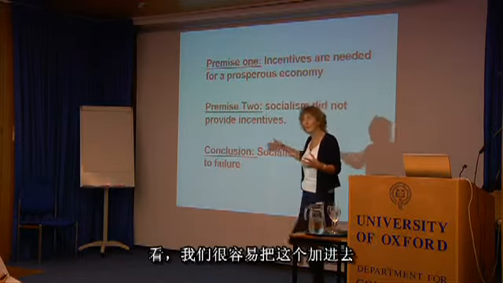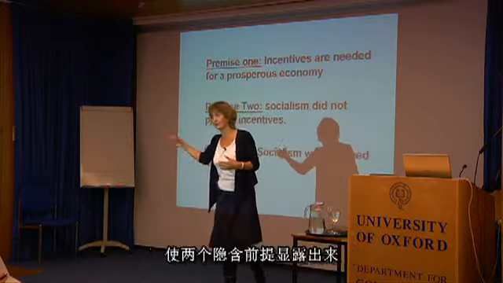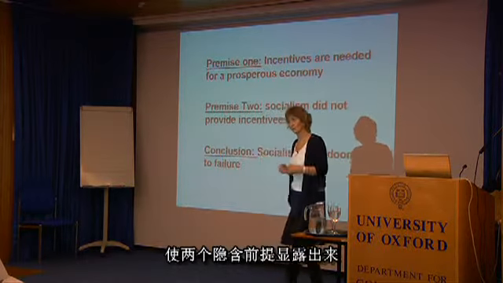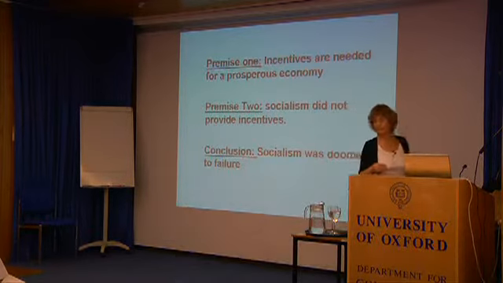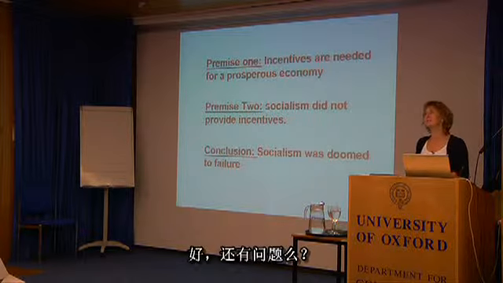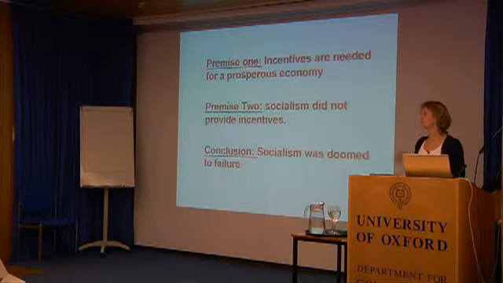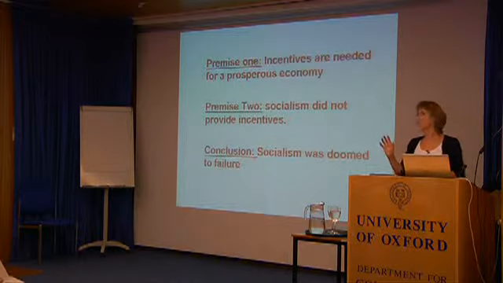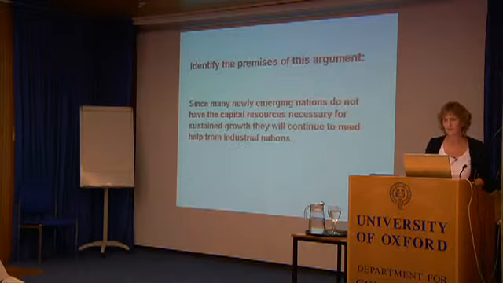Do you see? We could easily have added that one in as well and made explicit 2 suppressed premises. Yeah, fair enough. Okay, anyone else have anything? Not quite this? No? Okay, good.